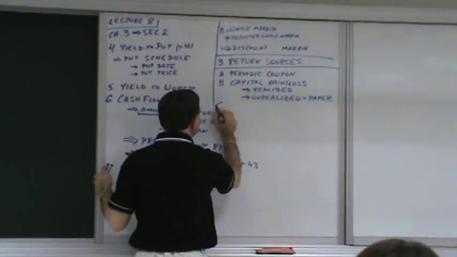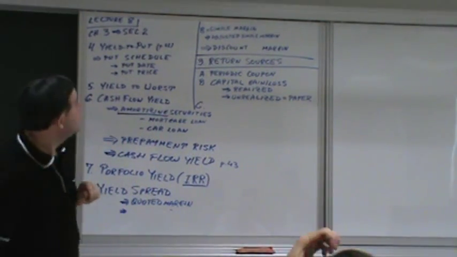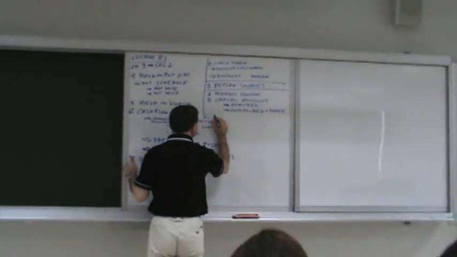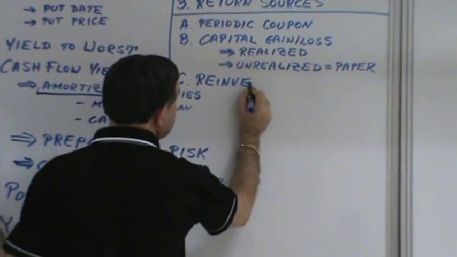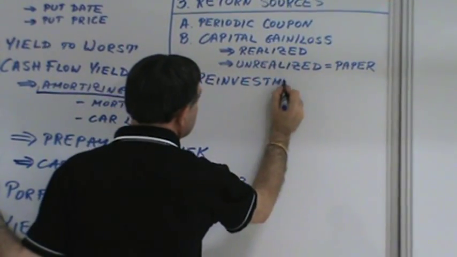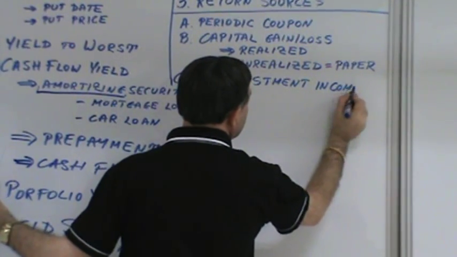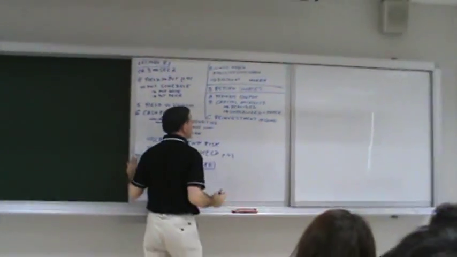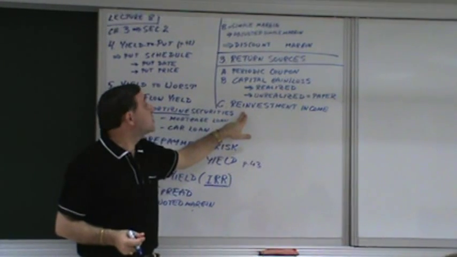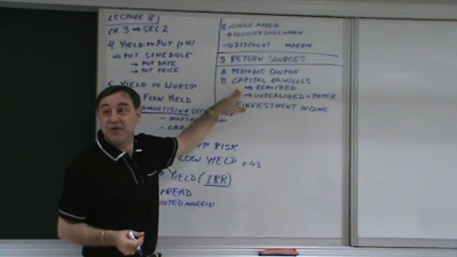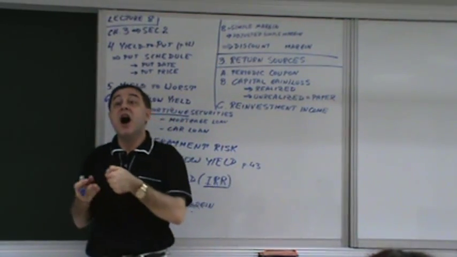And C is called reinvestment income. Reinvestment income means when you realize a capital gain, you invest that gain again.